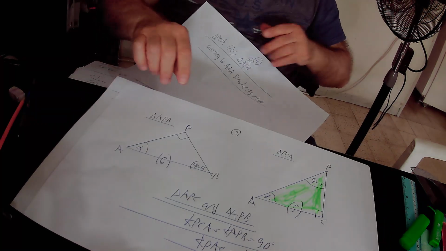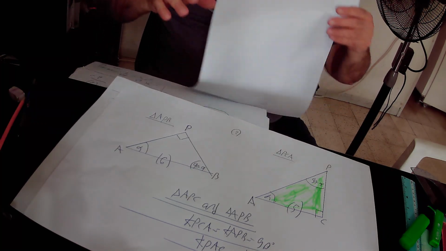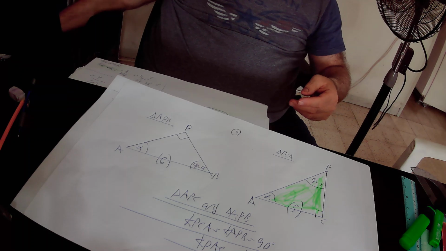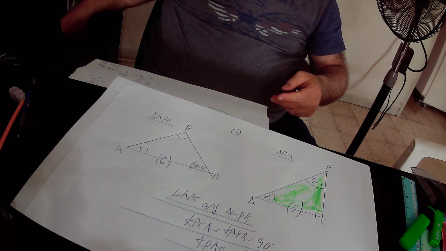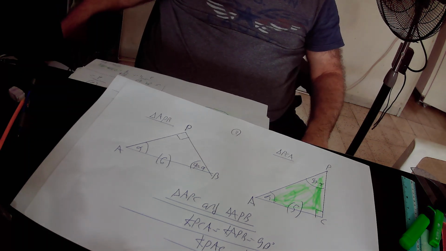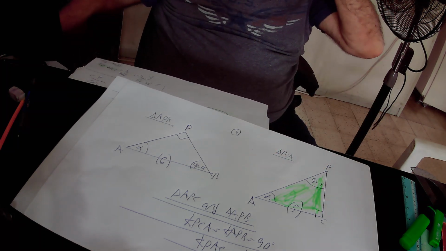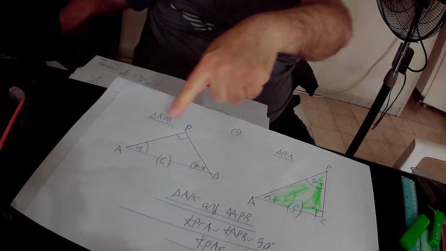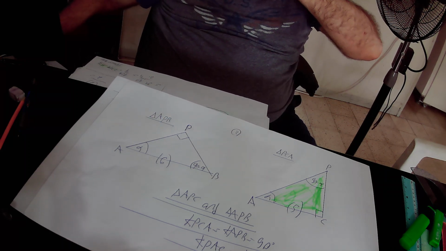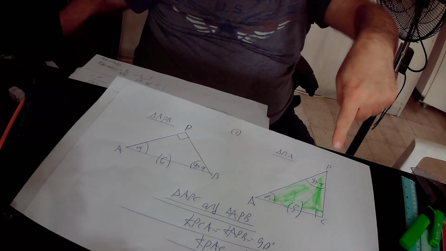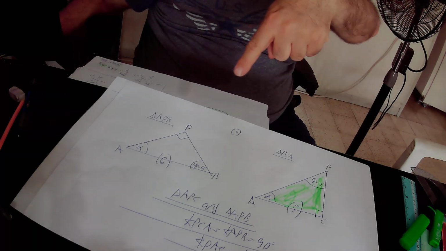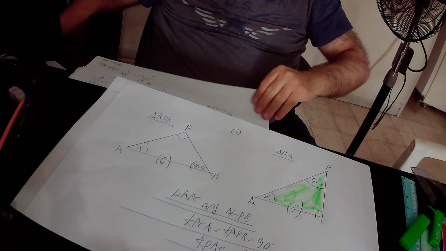And from the fact that those two right triangles are similar to each other, we derive that the following relationship exists between their sides. We derive that side AC in the green triangle over side AP in the white triangle equals to side AP in the green triangle over side AB in the white triangle. I'll repeat again.